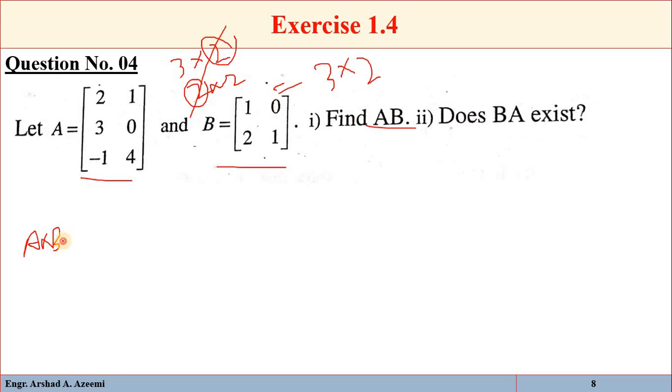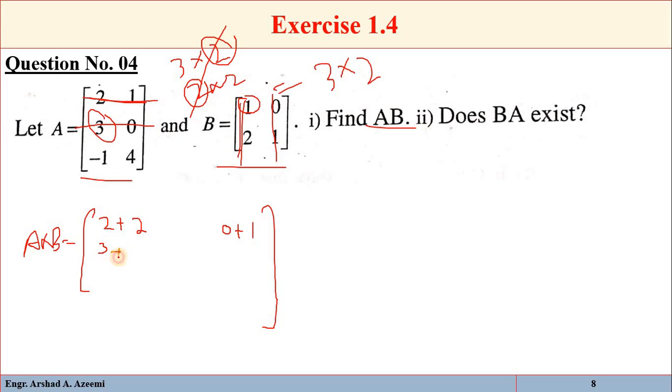A multiplied by B. So this row will be multiplied with this column. 2 multiplied by 1, 2, plus 1 multiplied by 2, 2. Now this row will be multiplied with this column, so 2 multiplied by 0, that is 0, plus 1 multiplied by 1, that is 1. Okay, now this row multiplied by this column, so 3 multiplied by 1, that is 3, plus 0 multiplied by 2, so that is 0.